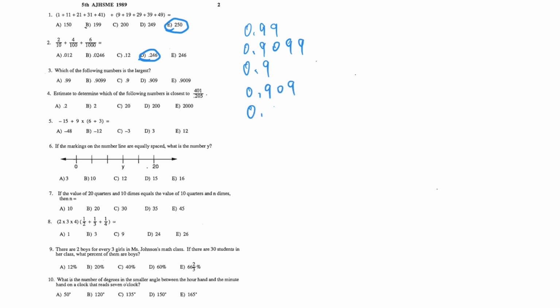E, 0.9009. So the tenths digit is all 9, but in the hundredths digit, A is 9, all the others are 0. So the largest number is 0.99. The answer is A.